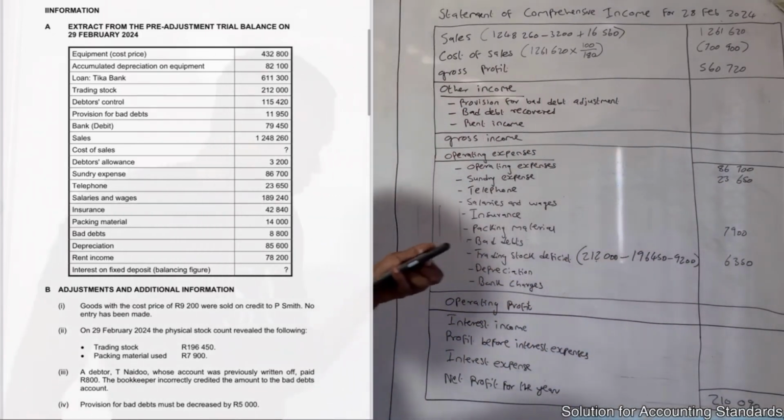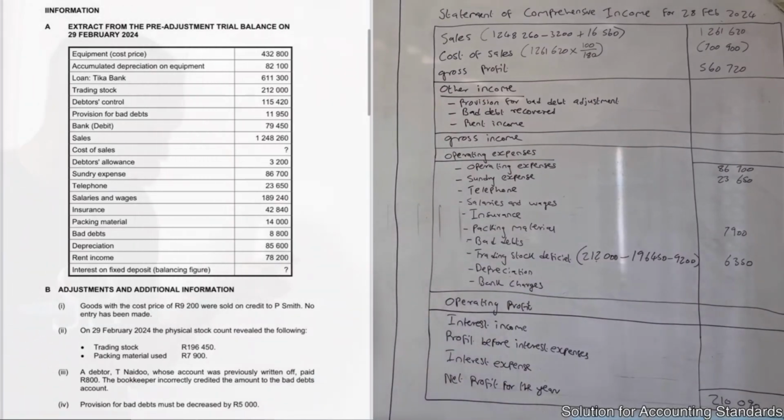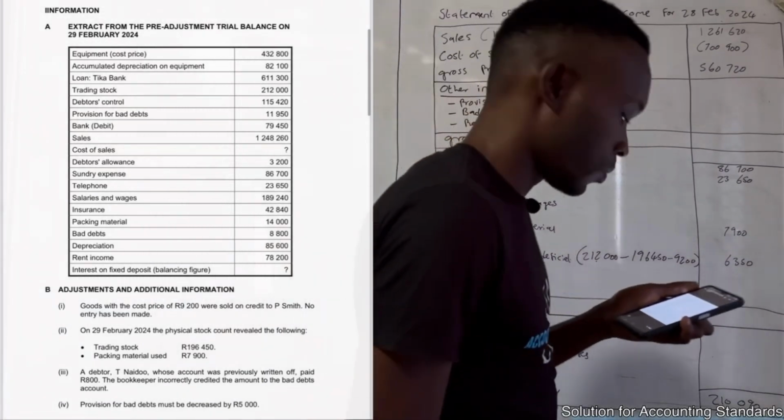Okay, and the next one. A debtor, T. Naidu, whose account was previously written off, paid 800, and the bookkeeper incorrectly credited the amount to a bad debts account. So here, what do we do now?